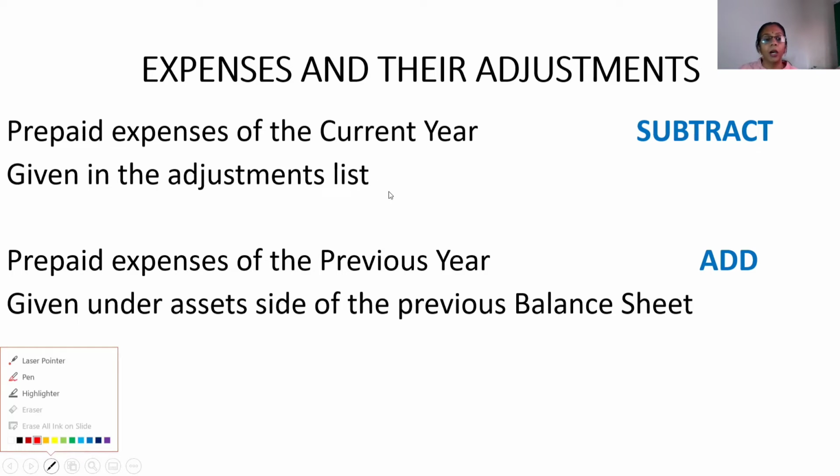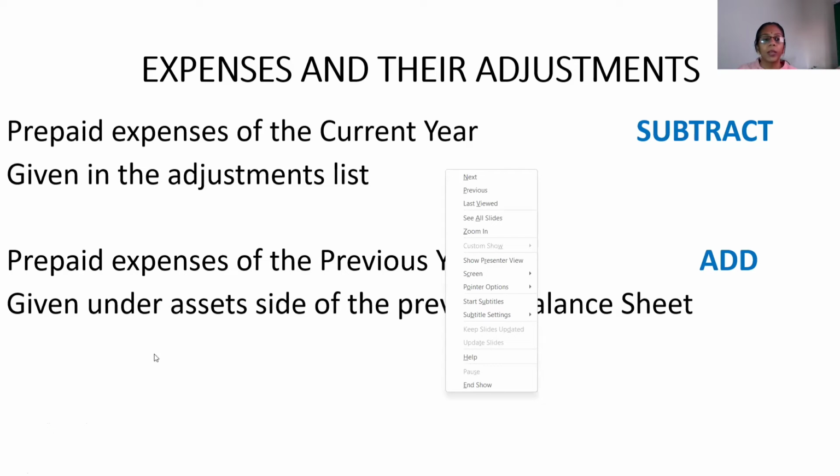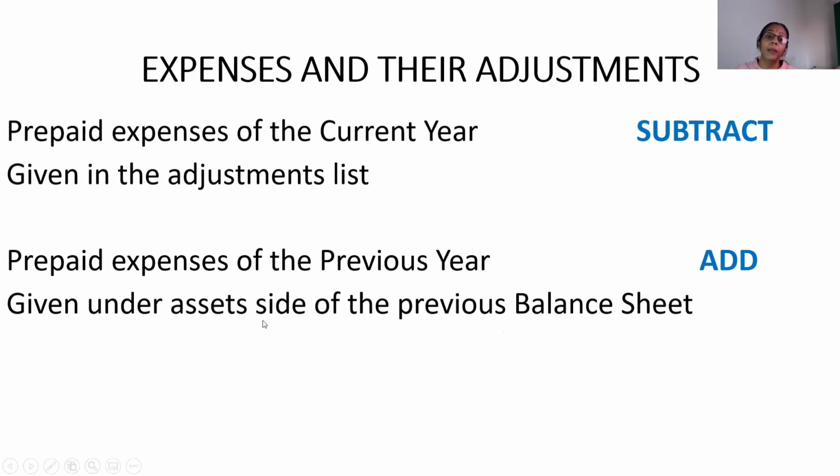When you talk about the current year advance pay, it belongs to 21-22. You should understand that the current year advance money being paid will go to the future year.